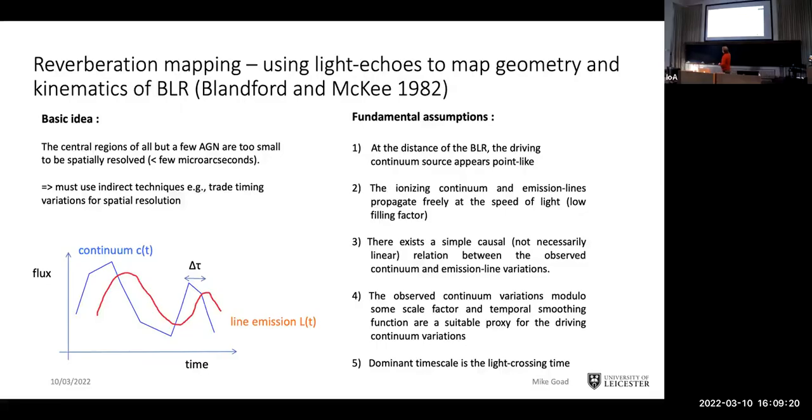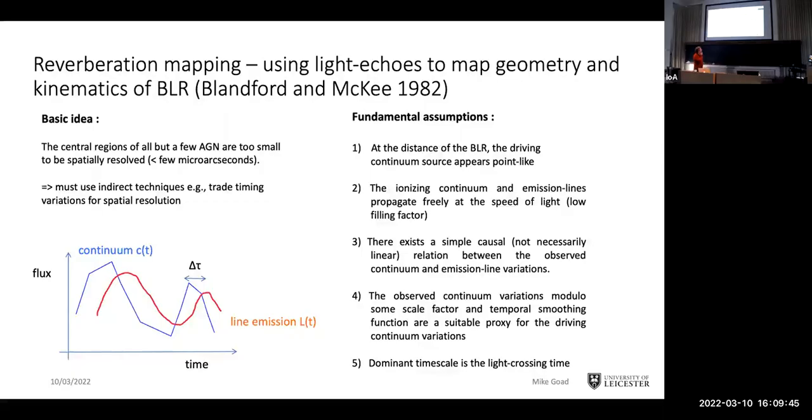We can map one onto the other by what's known as the response function, the kernel response. That tells us that the line light curve we see in red is the convolution of a response function, if you like, a filter, and the continuum at previous times, and that produces our line response.